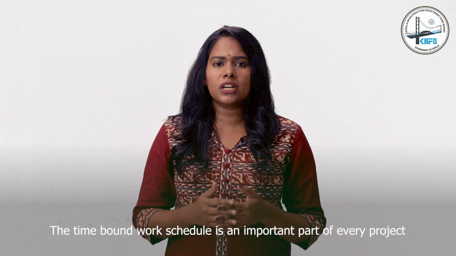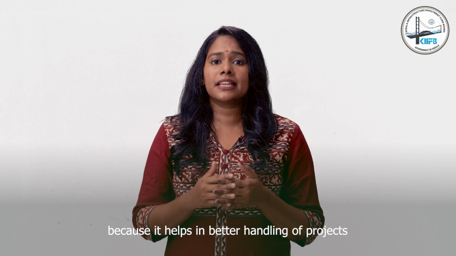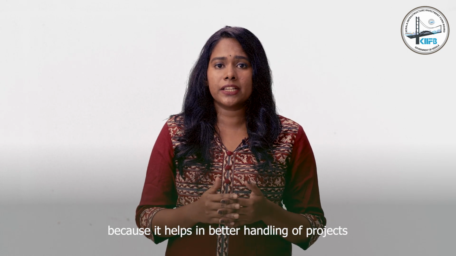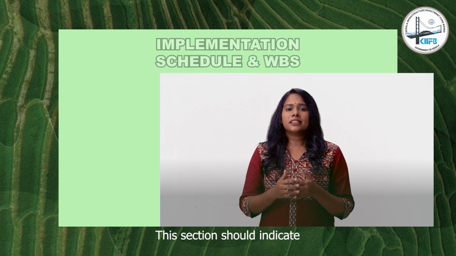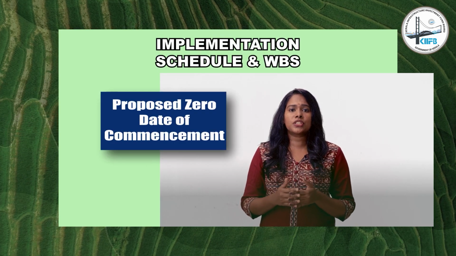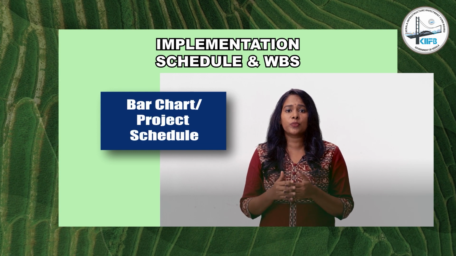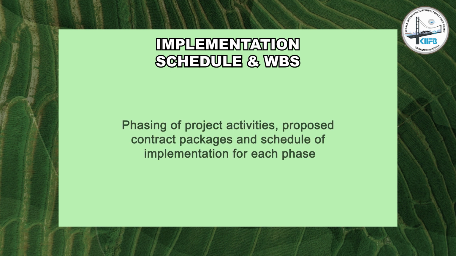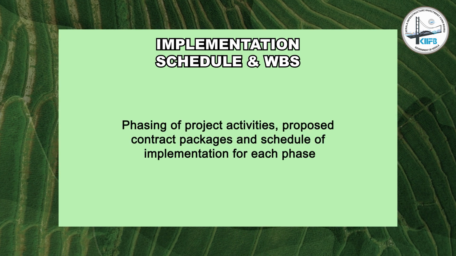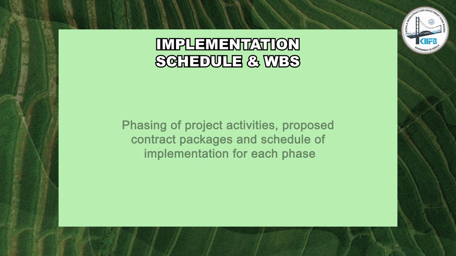The time-bound work schedule is an important part of every project because it helps in better handling of projects in planning, implementation, etc. This section should indicate the proposed zero date of commencement and also provide a bar chart or project schedule wherever relevant. Phasing of project activities, proposed contract packages and schedule of implementation for each phase.